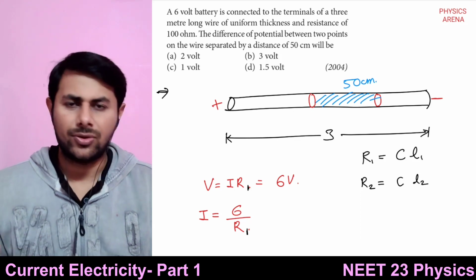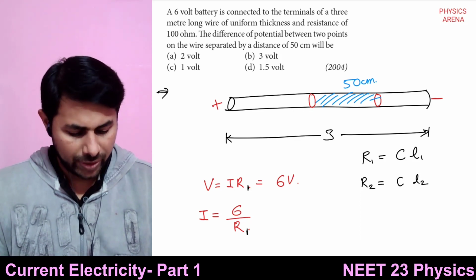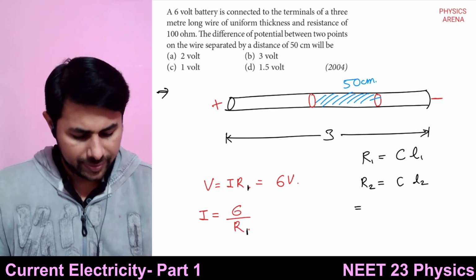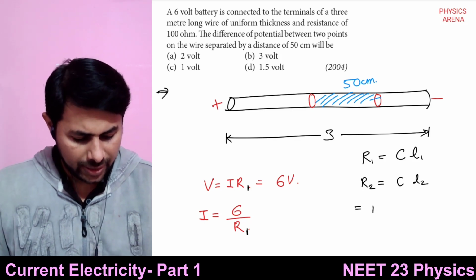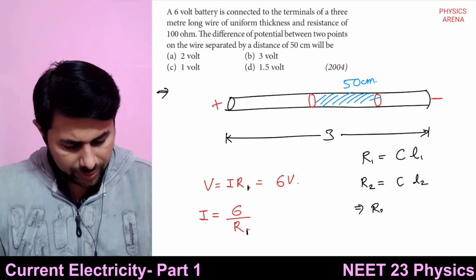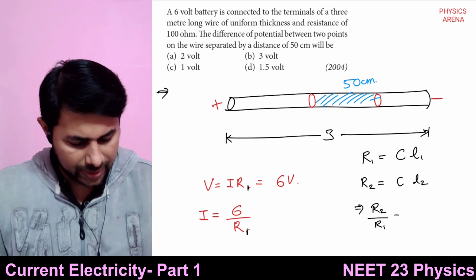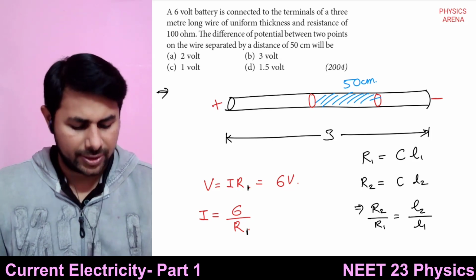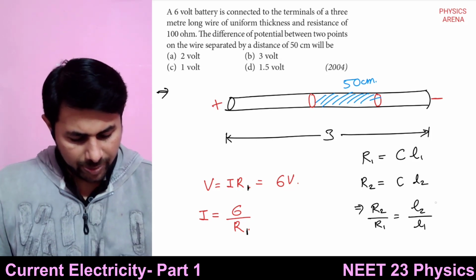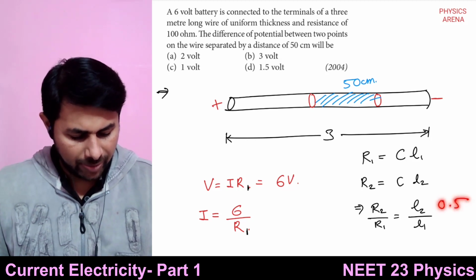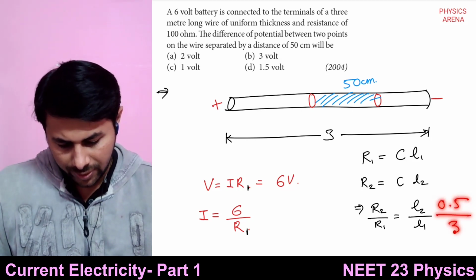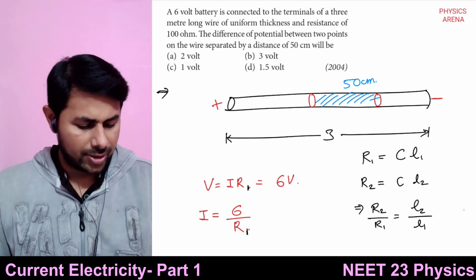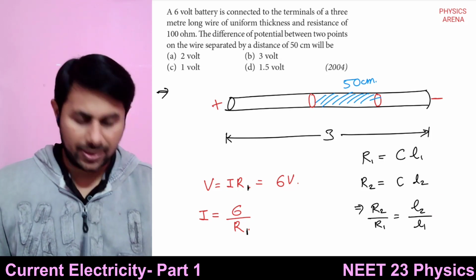So if you take the ratio of R2 to R1, what will you get? R2 upon R1 is equal to L2 upon L1. So this is 50 centimeters or 0.5 meters divided by 3 meters. So 0.5 upon 3 is 1 by 6.